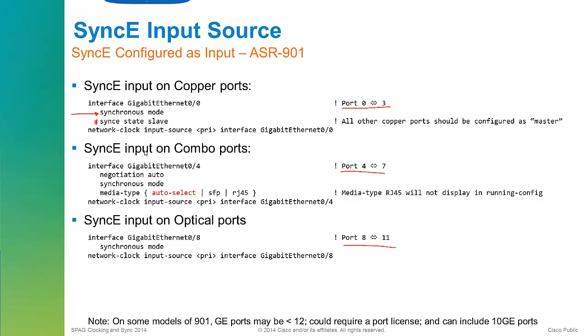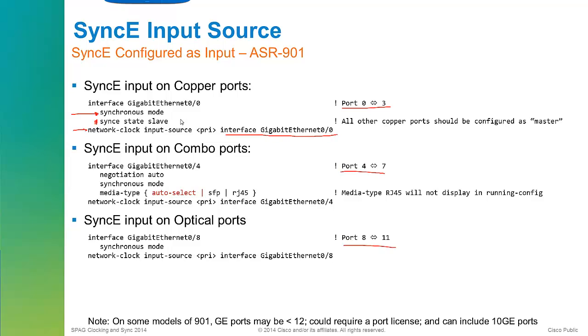What this basically means is that you are doing clock source line. If you do that, that means your internal oscillator then needs to be synchronized to that. So you define this network clock input source and say, yes, interface 0/0 is going to define my internal T0 oscillator.